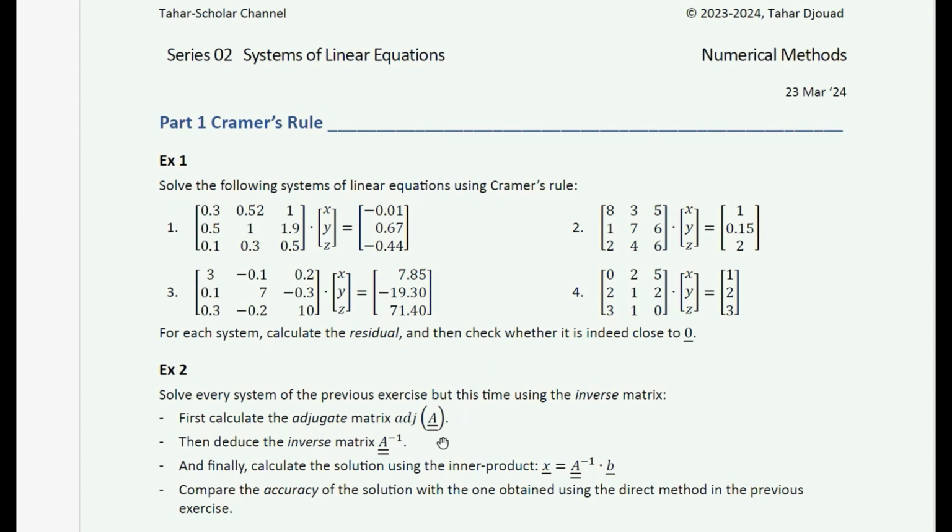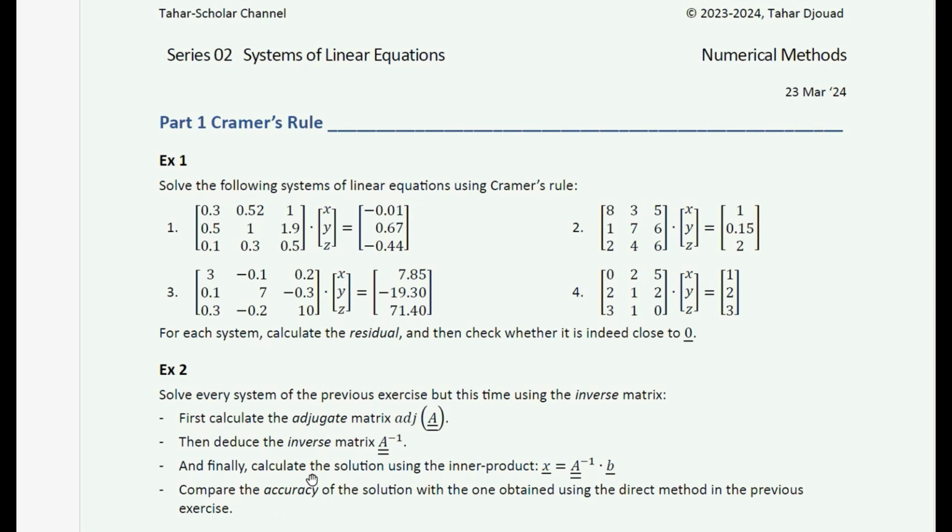But here we are just learning the other method, using the inverse matrix, even though it's not efficient. And then the last point, compare the accuracy of the solution with the one obtained using the direct method in the previous exercise. The accuracy is almost the same, but here it involves more calculations.